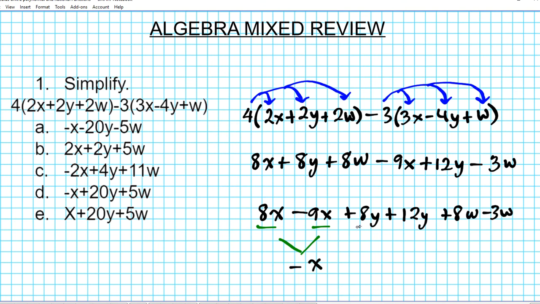And then if you combine 8y and 12y together, that's going to be plus 20y. And then when you combine positive 8w minus 3w together, 8 minus 3 is 5, so it's plus 5w. Alright, so our answer is option letter D.